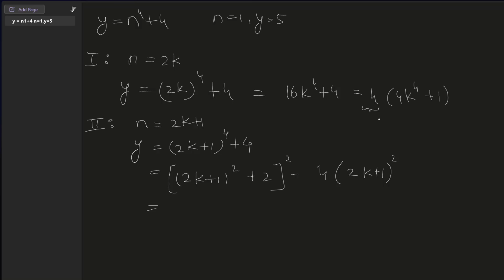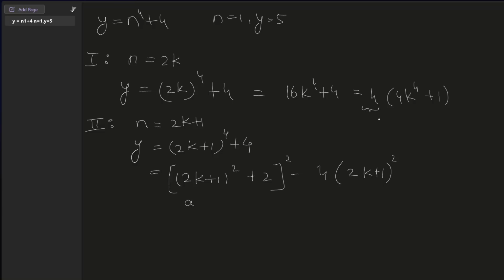We'll be using the identity of a square minus b square is equal to (a plus b) into (a minus b). So this whole thing is a, and this whole thing is b. In fact, I'll write it here so that it's more clear.